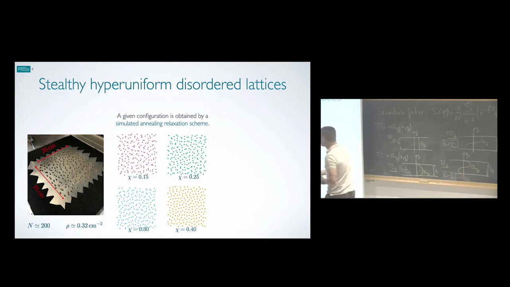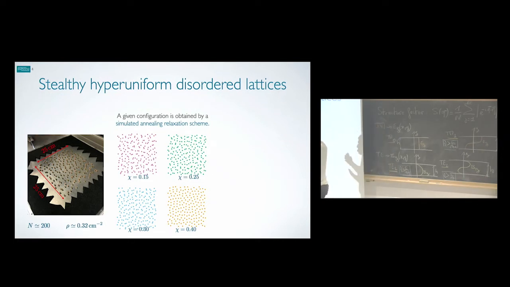This parameter is comprised between 0 and 1. The smaller this parameter, the higher the disorder at short range, and the larger, close to 1, the more ordered. In practice, it never reaches 1 because you have a crystallization around 0.5 or 0.6. And for large values of chi, you are close to a periodic lattice.